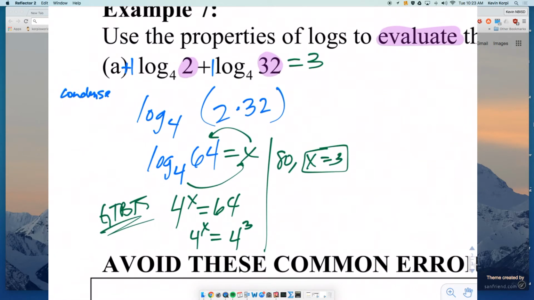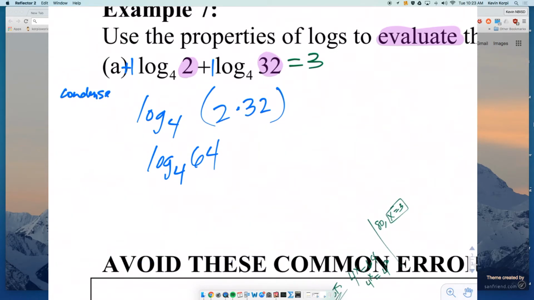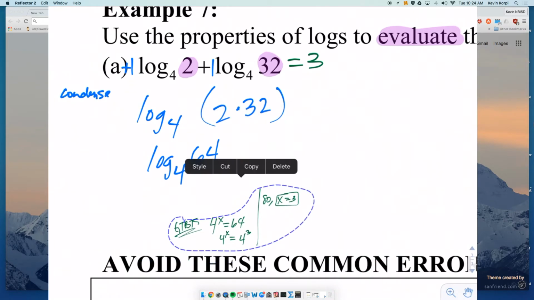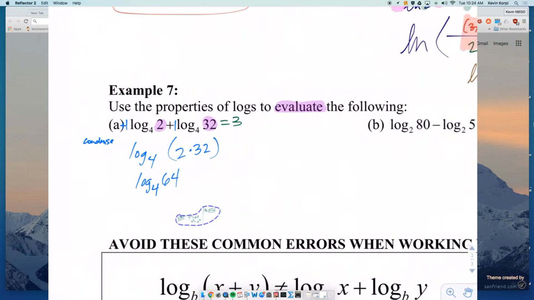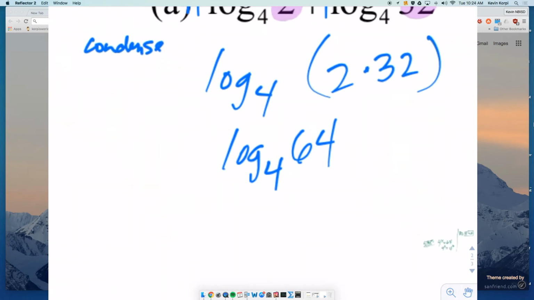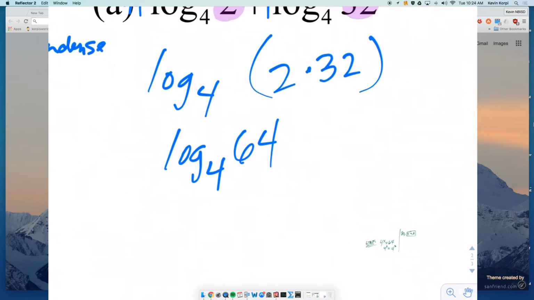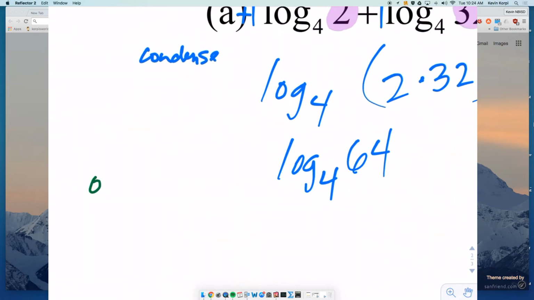Now, if you didn't want to set it equal to x, you could get all the way down to here. That certainly works if you still like doing that. And remember, you can exponentiate to get it down to there as well, instead of doing around the world. You could use the properties of logs. Log base b of b to the x is just x, right?